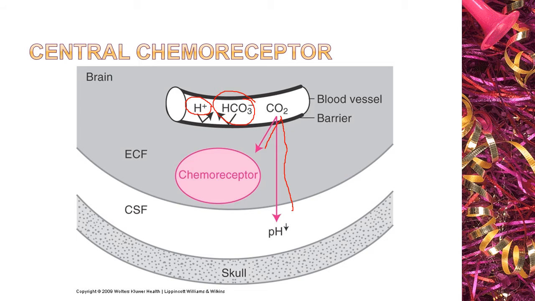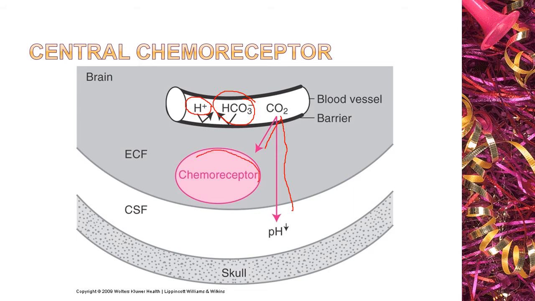So it can change the pH level. It can alter the acidity in the brain. So that proton and bicarbonate will affect the chemical environment, and therefore it will trigger the chemoreceptor.